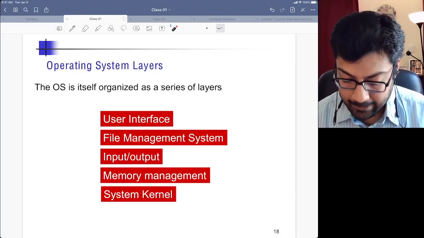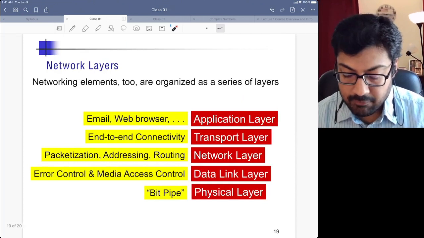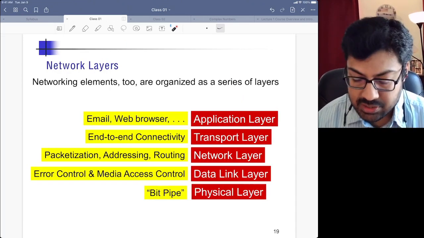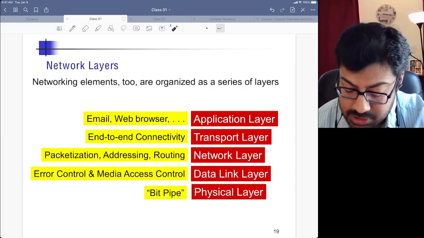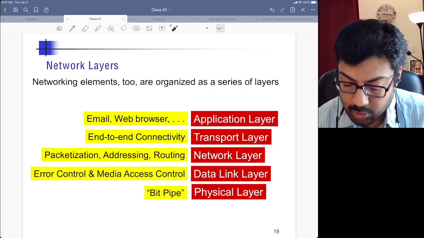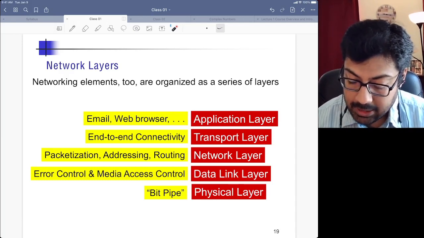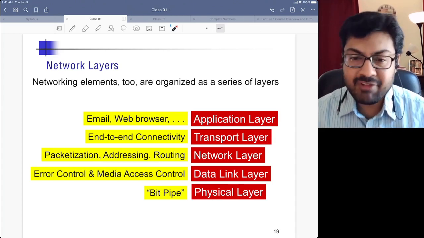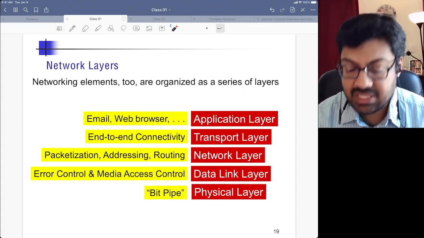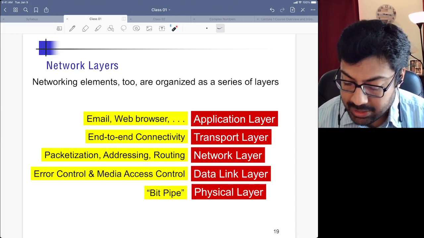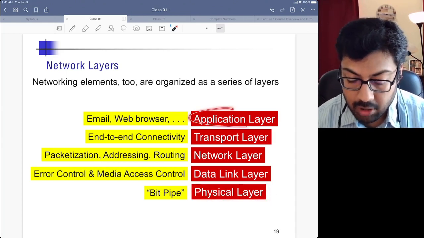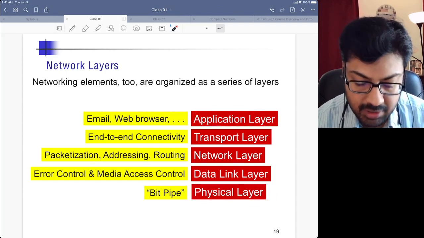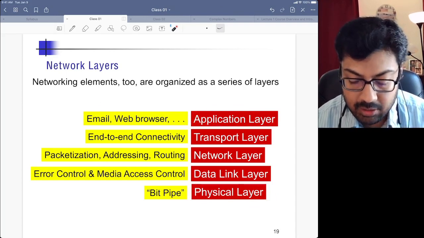Let's see. For the network layers, we will essentially be looking at the TCP/IP and OSI models, the two popular ones. You will see some variation of this, but in general, you will see these 5 layers. All the way at the bottom, you have the physical layer, and all the way at the top, you have your application layer, for example, an email client or a web browser.